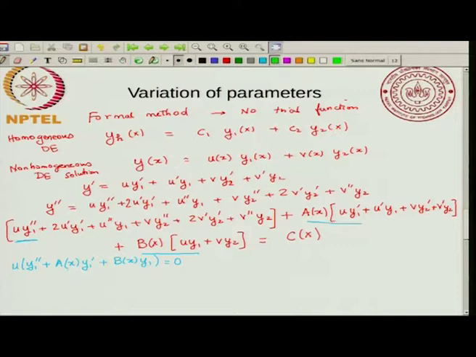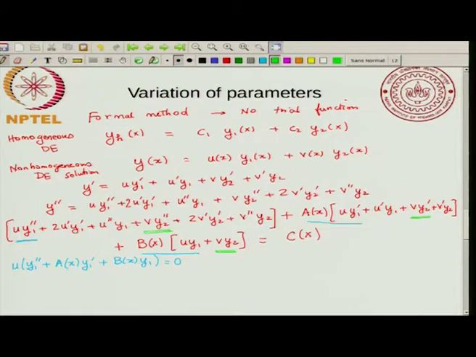Similarly, you can look at the corresponding terms with v y2 double prime, and those also add up to 0.